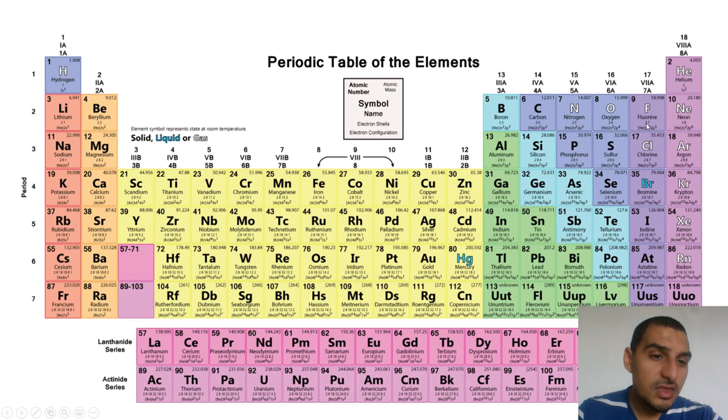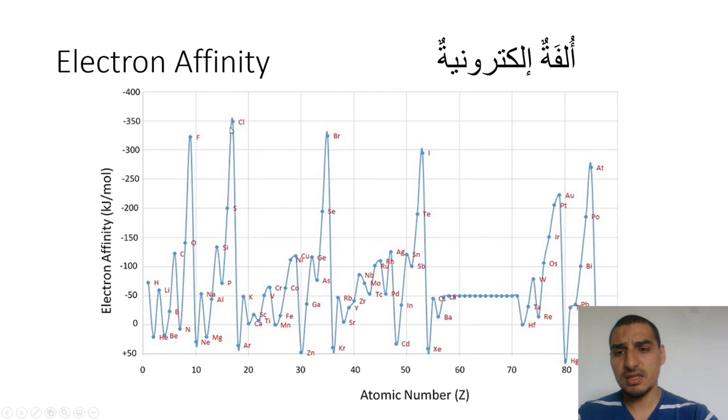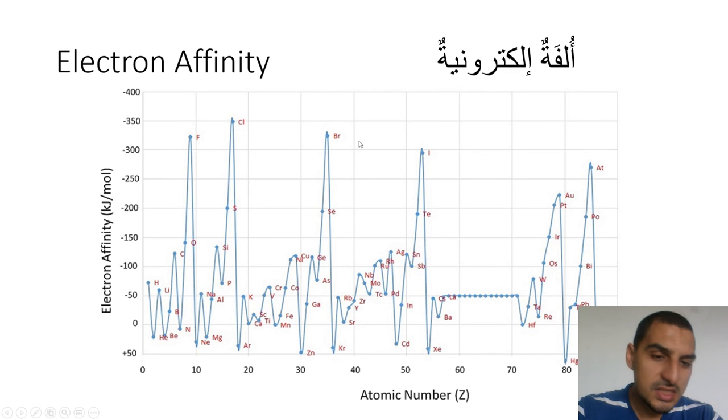So I would expect fluorine to have the maximum electron affinity of all the atoms, and this is lower till we reach the least value here. But when we look at the chart, we'll find that fluorine is lower than chlorine. And the rest is as expected.